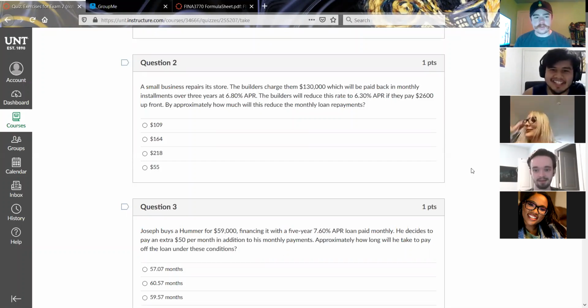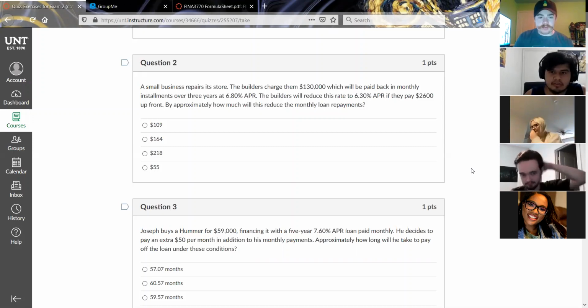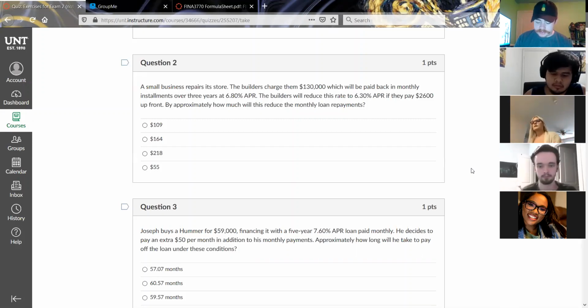I want to get real basic with it, because I'm still somehow getting this wrong. I just want to make sure I've got my numbers right because I'm losing it. I've run all of them like 5 times. For question 2, I want to make sure I've got both sets right with the N, I/Y, PV, and then PMT, because we don't use future value.